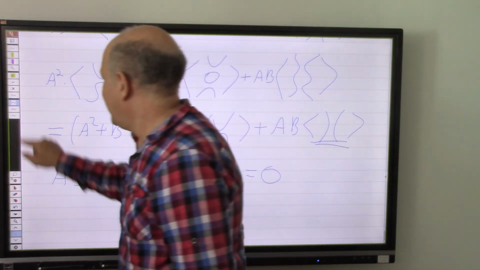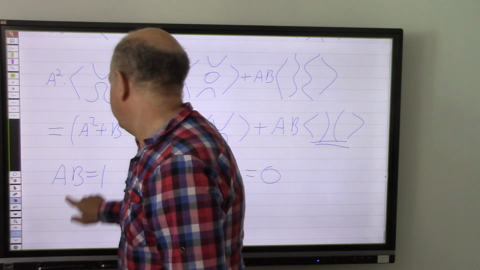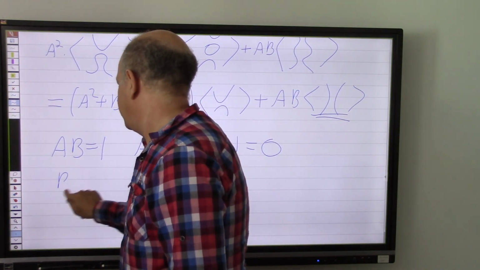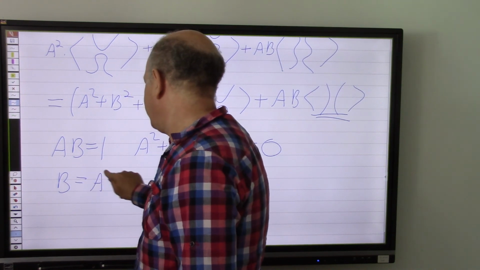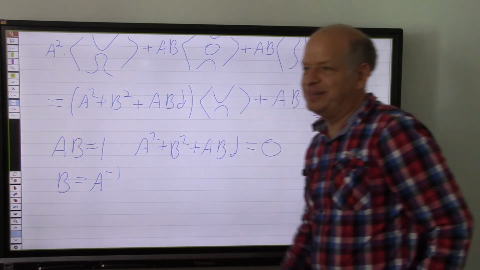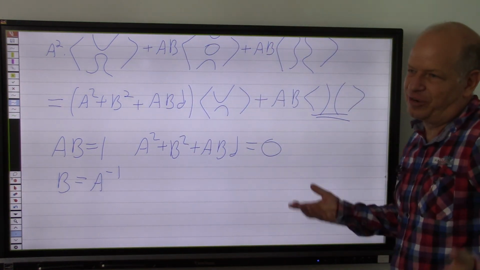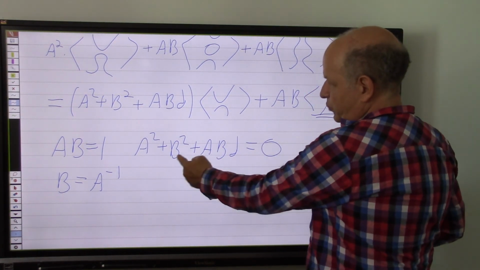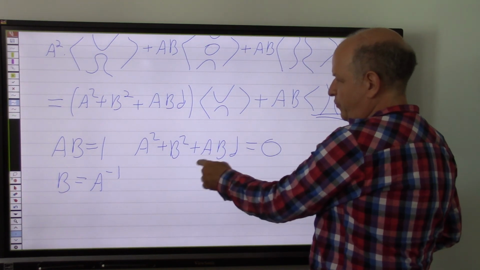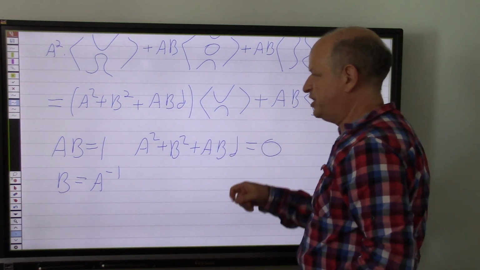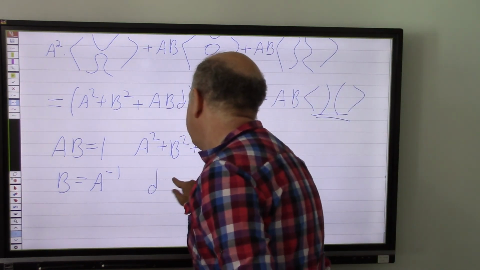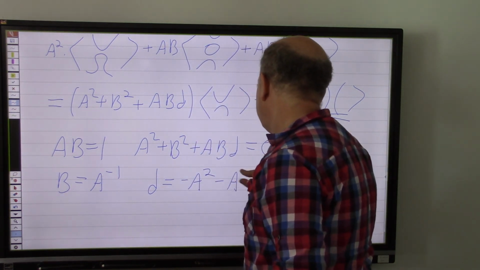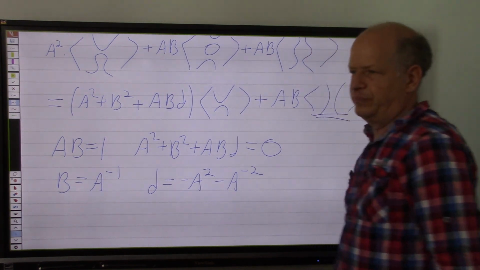But this implies that B is really A inverse, as I wrote in the beginning and revealed the secret, sorry. And from here, if you substitute A equal to B inverse and put it in this equation, you find that D is equal to negative A squared, negative A to the negative 2.